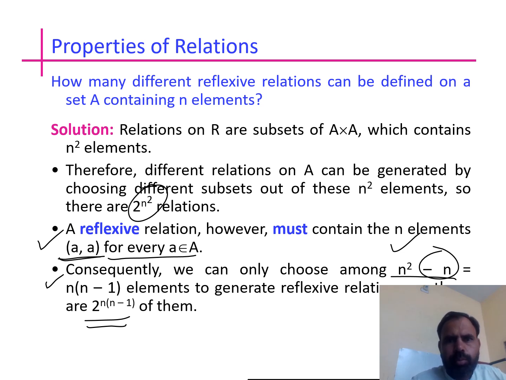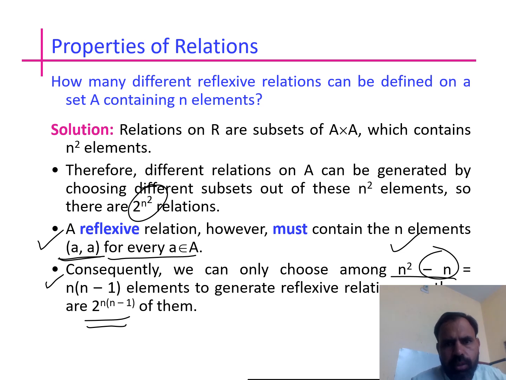Properties of relations: we can ask the question, how many different reflexive relations can be defined on a set A containing n elements? Relations on A are subsets of A cross A, which contains n squared elements.